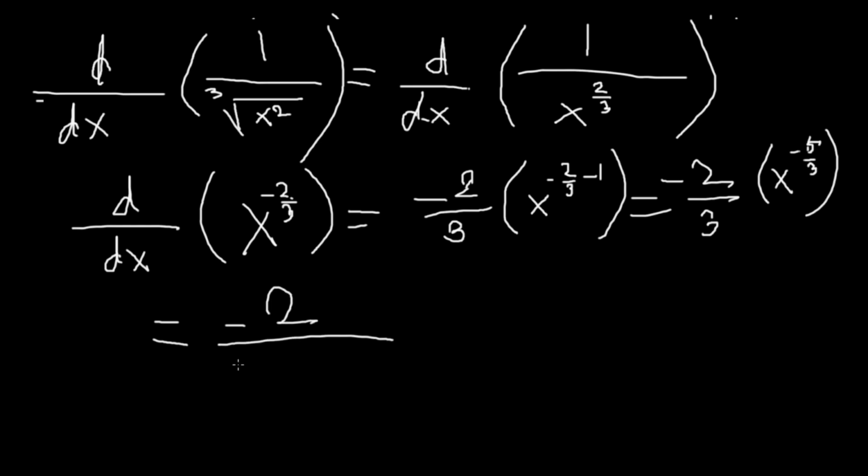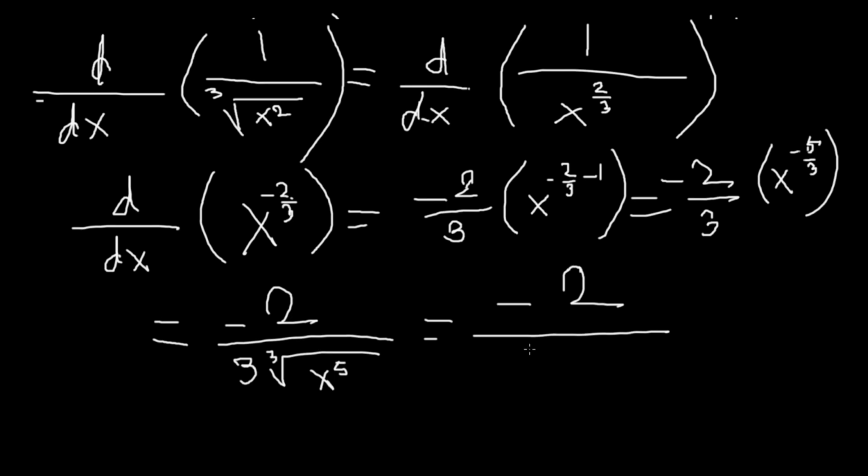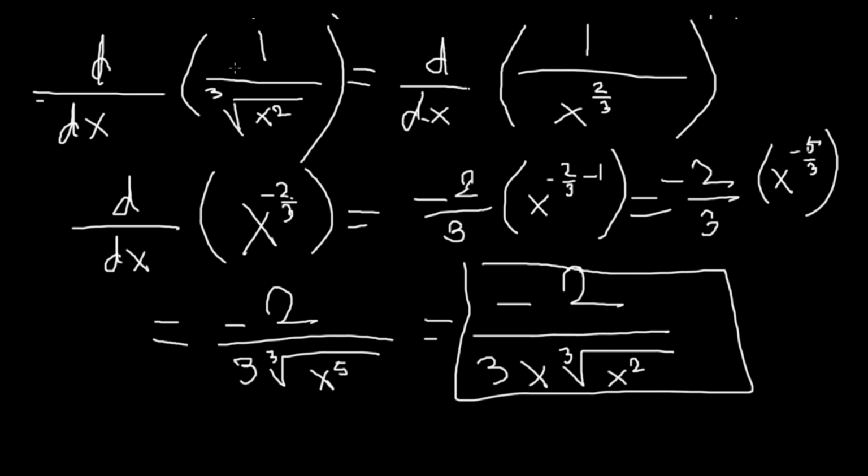This equals negative 2 over 3 times the cube root of x to the power 5. You can simplify this even further. x to the power 5 is x cubed times x squared. And the cube root of x cubed is just x. And that's it. This is the derivative of 1 over the cube root of x squared.